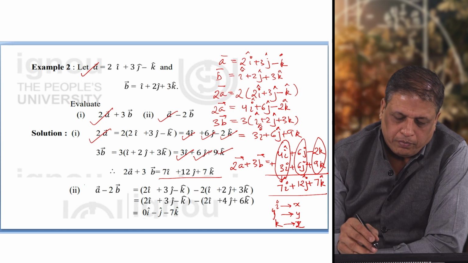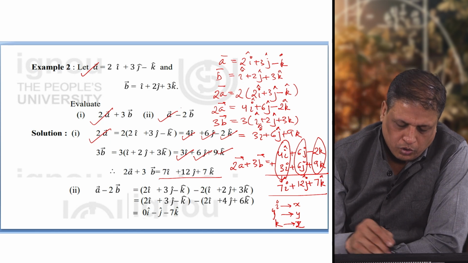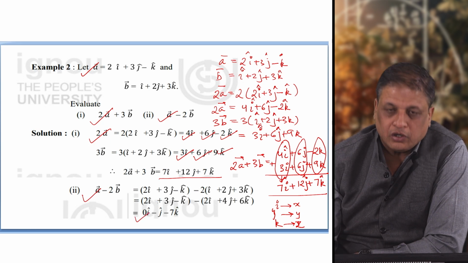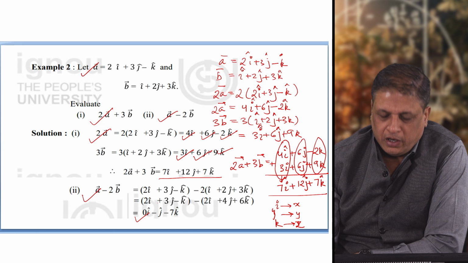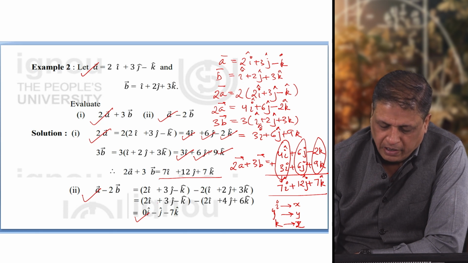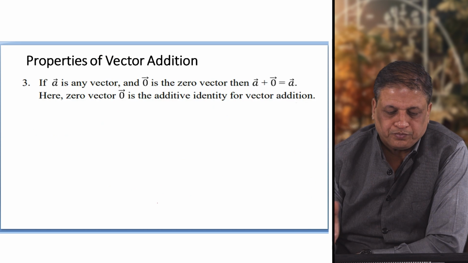So this is how we solved the first question. On the same lines you can solve A vector minus 2B vector, and that turns out to be 0 times the unit vector in the x axis direction, minus j unit vector, minus 7 times k unit vector.